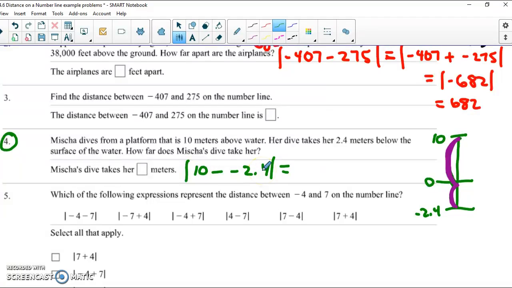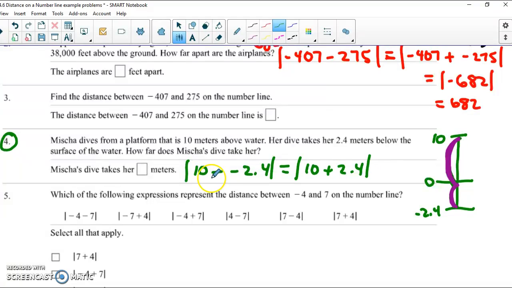4/10. If I use my integer rules when I'm subtracting with negatives, I'm going to do same, change, change. That would give me the absolute value of 10, stays the same. The minus becomes a plus, and -2.4 becomes positive 2.4.